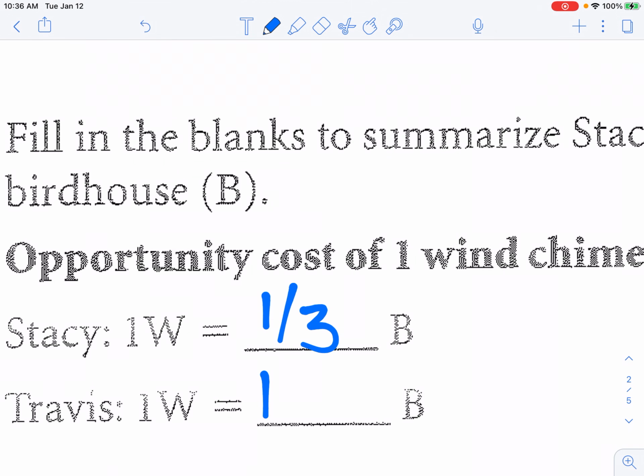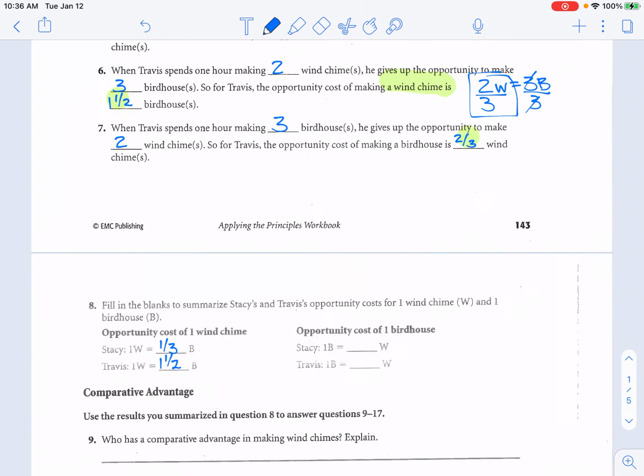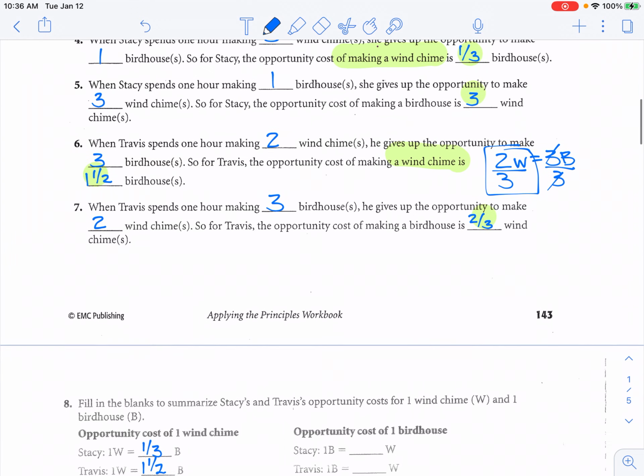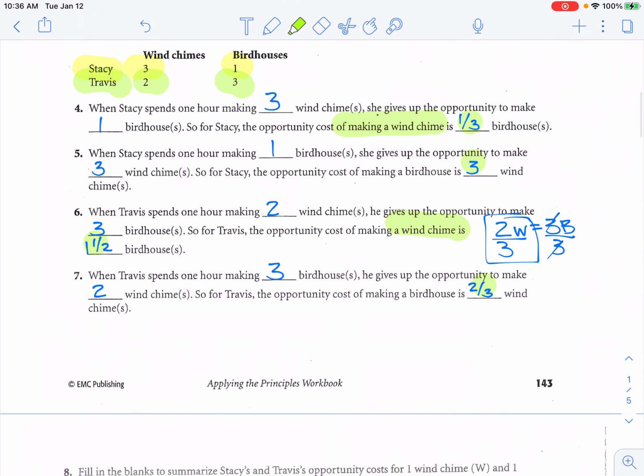Okay, the opportunity cost of birdhouses for Stacy and Travis. Let's see, for Stacy it's 3. For Travis, it's 2/3.